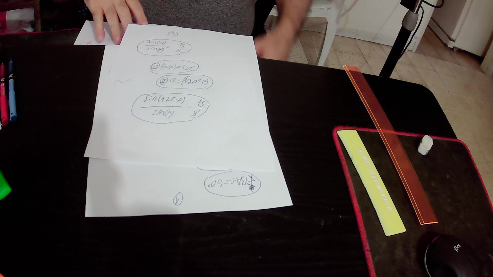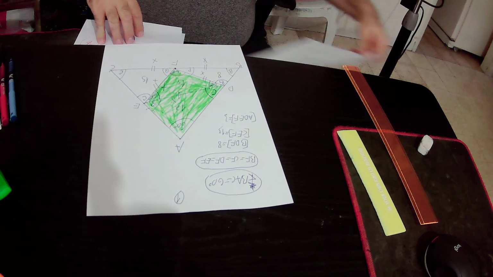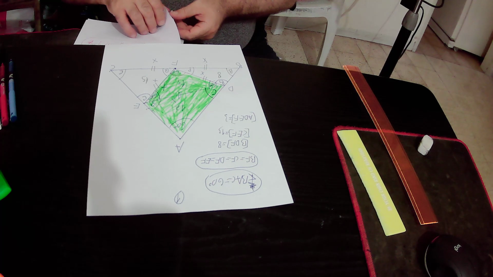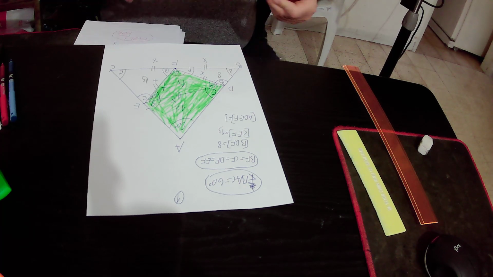Then I presented to you a new trigonometric identity in order to calculate the value of sine 120 degrees minus p.